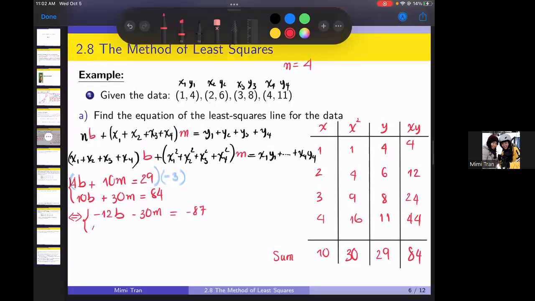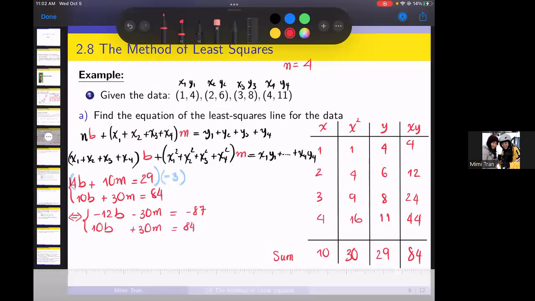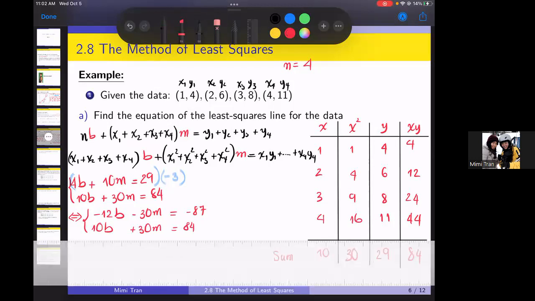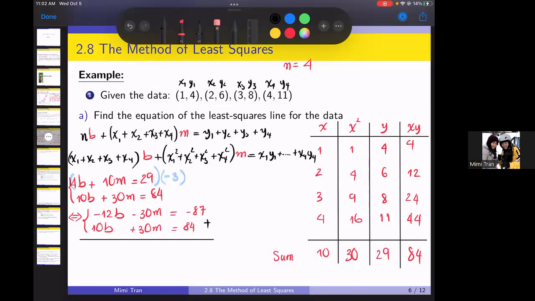And then rewrite the second equation, 10b plus 30m equal 84. We write it in this order. And then you add them together. This is canceled. It should be. This is what we want.